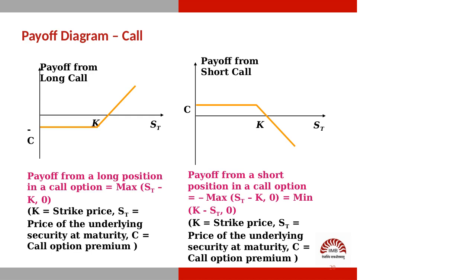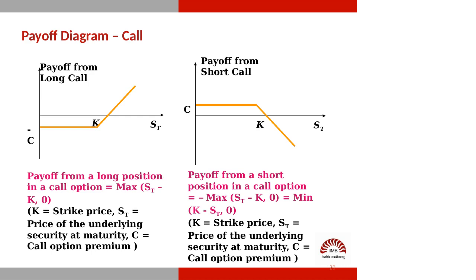For the holder of a call option, remember, the holder is the person who has bought it and paid the premium, the condition is very, very simple. The moment the price crosses the strike price, you will exercise it. If it is below the strike price, you will not exercise it.